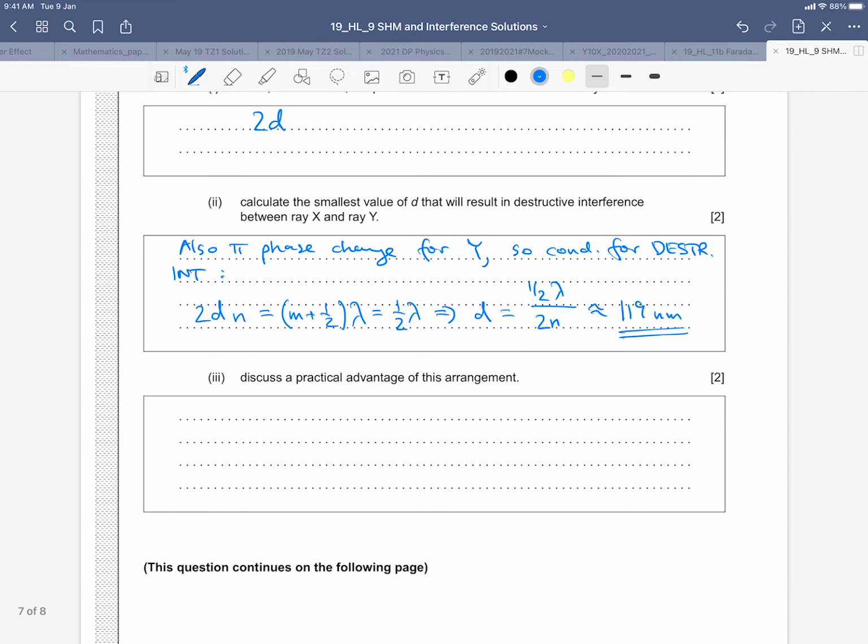And then the practical advantage of this is, what we're doing is we're basically reducing the reflection of a given wavelength so that more light passes through the lens into the camera.